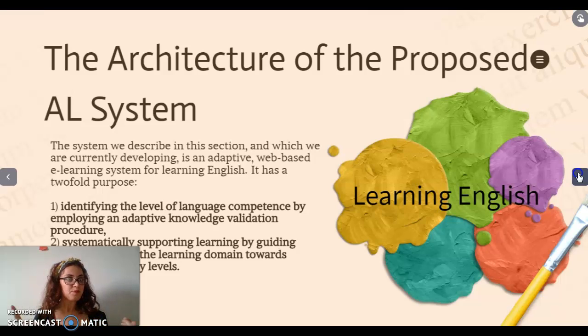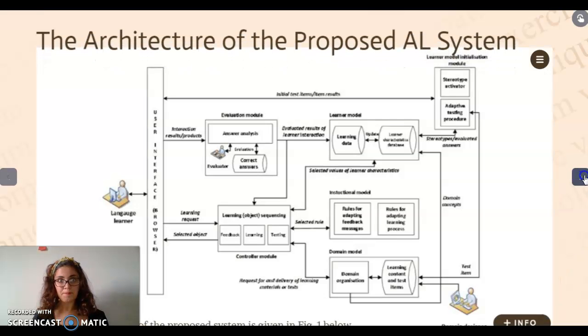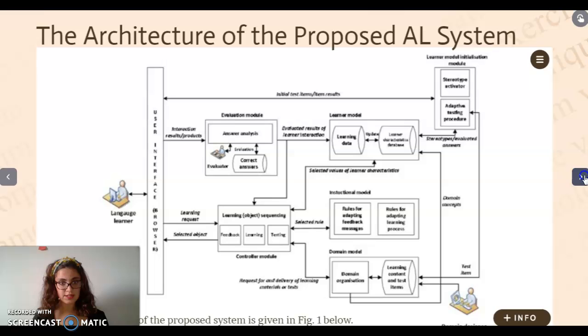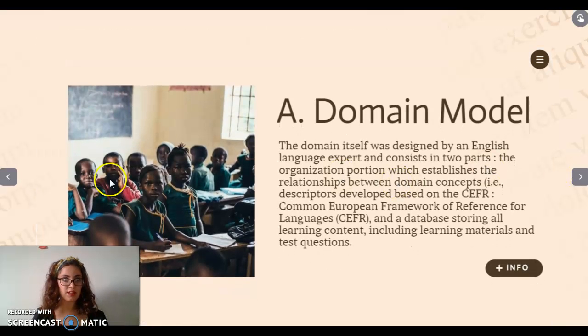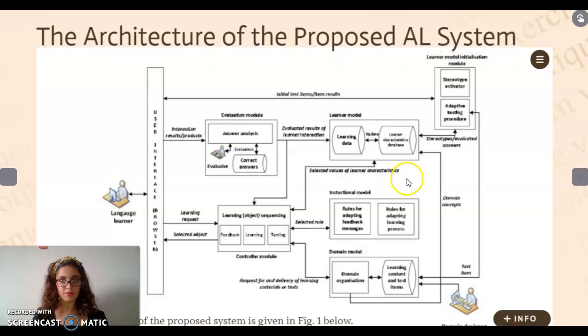Second one, systematically supporting learning by guiding learners through the learning domain towards higher proficiency levels. Maybe we can speak about this architecture, but I have to finish here.